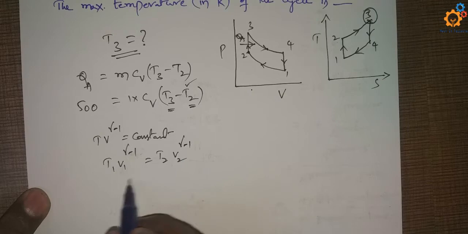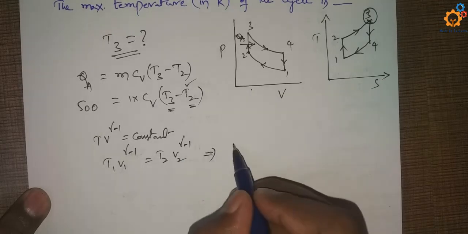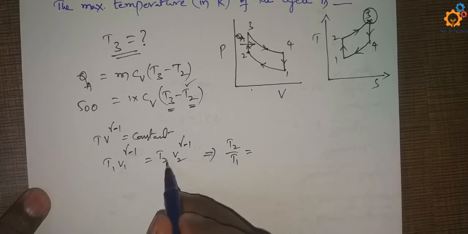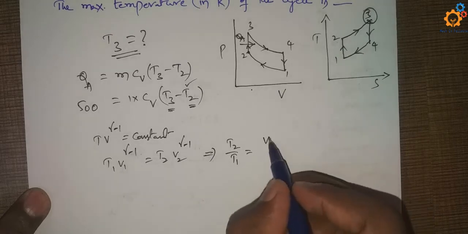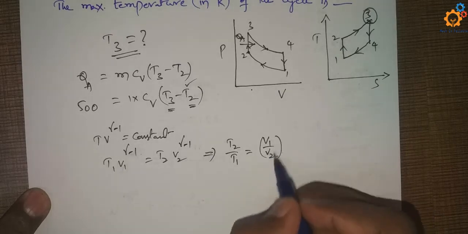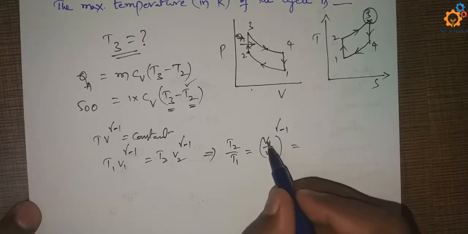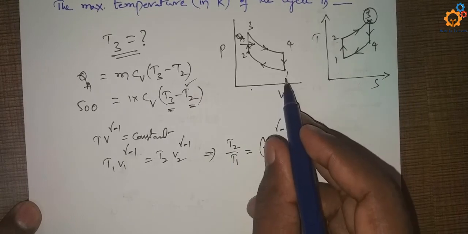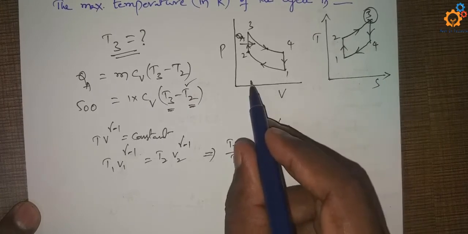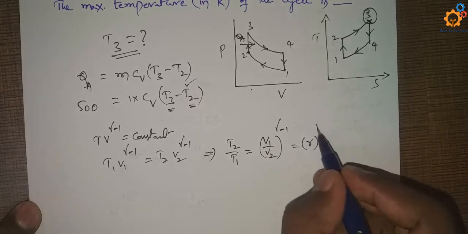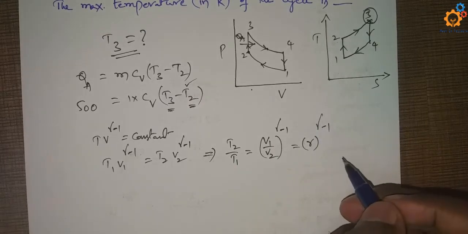So from this we can write T2 by T1 is equal to V1 by V2 whole power gamma minus 1. Alright, so V1 by V2, volume before compression and volume after compression, will be taken as compression ratio R power gamma minus 1, right?